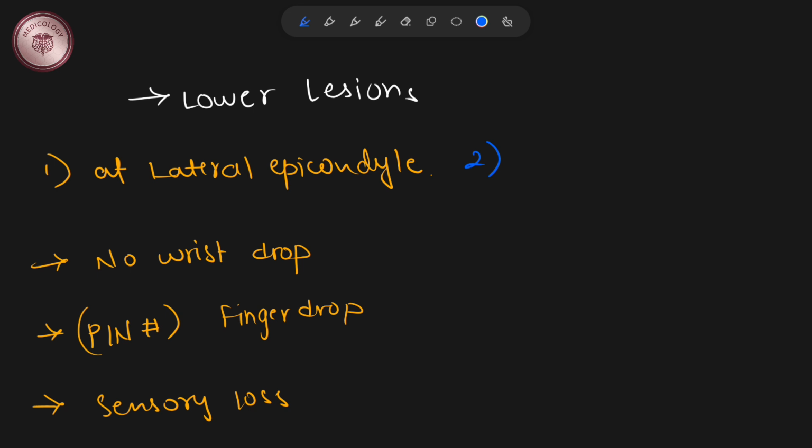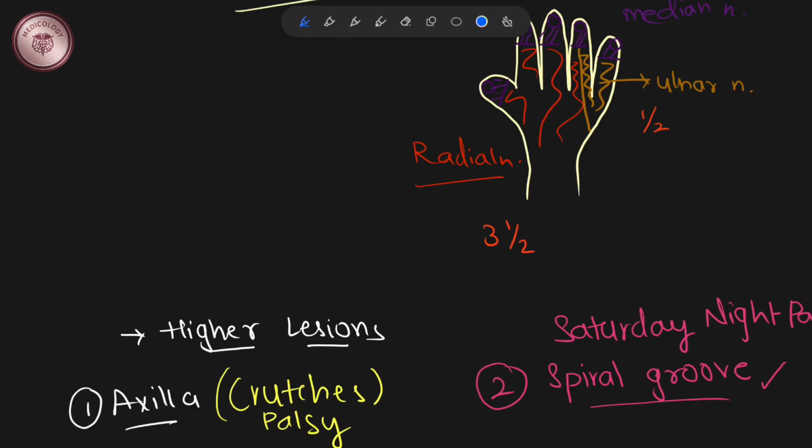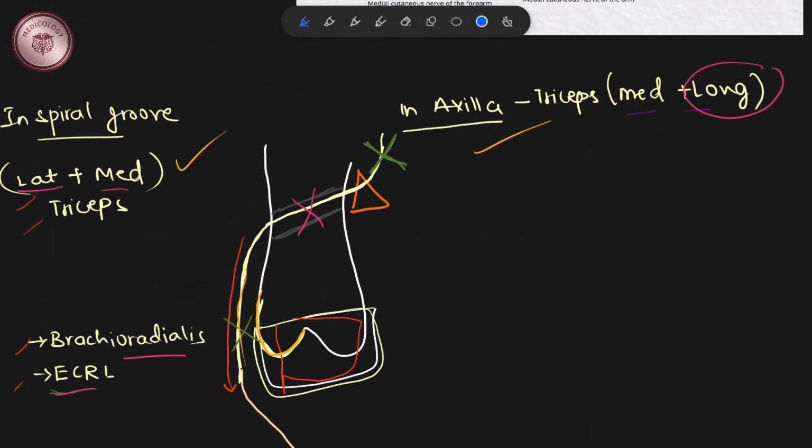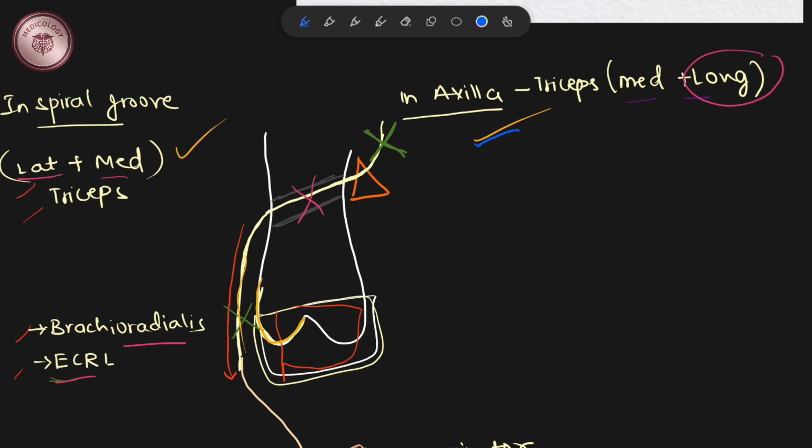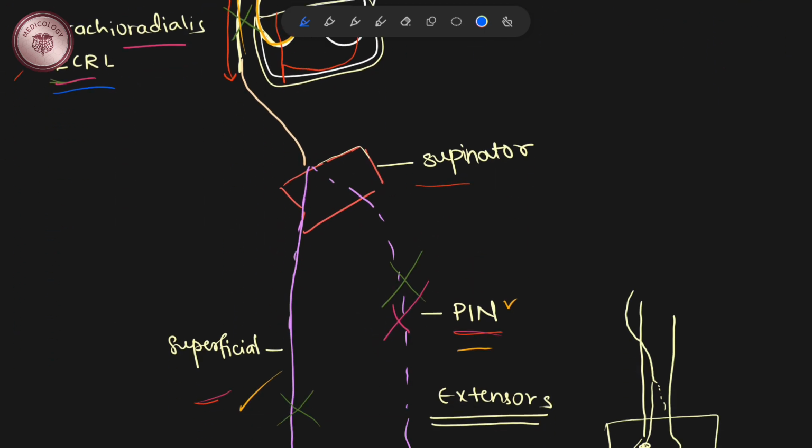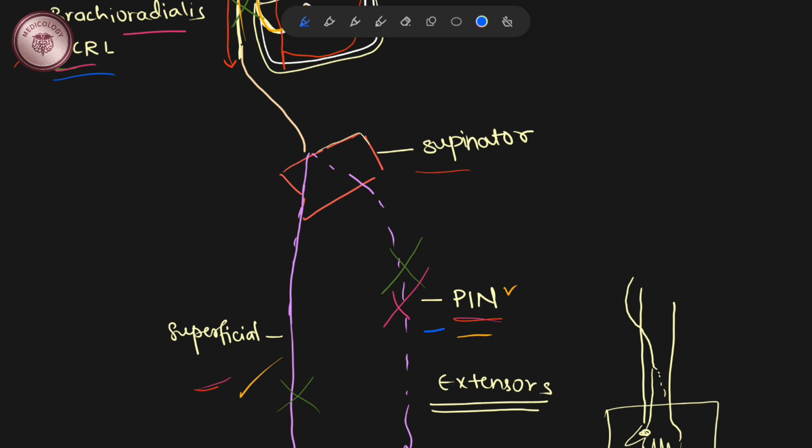Now, second, lower lesion at what place? Injury at the posterior interosseous nerve. Let's see our pathway of the nerve. Axilla spared, spiral groove spared, these muscles spared, then posterior interosseous. In which type of injury is the posterior interosseous nerve affected? During surgery or during fractures, the posterior interosseous nerve is injured.